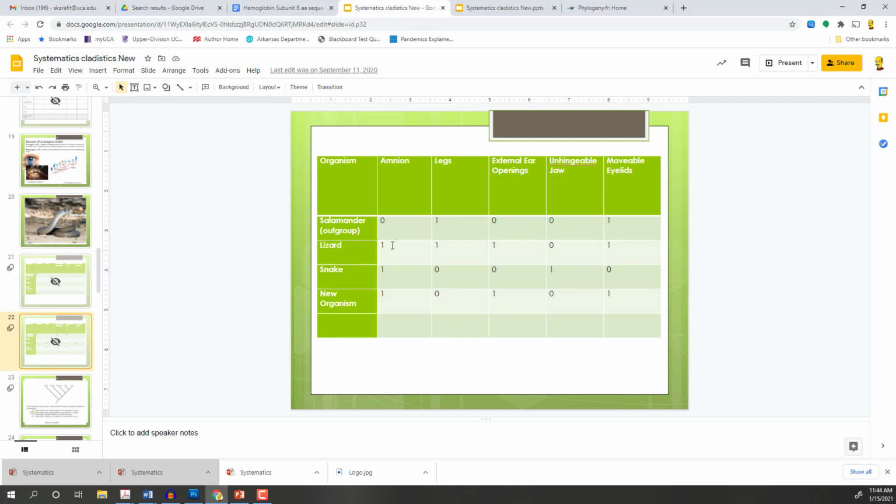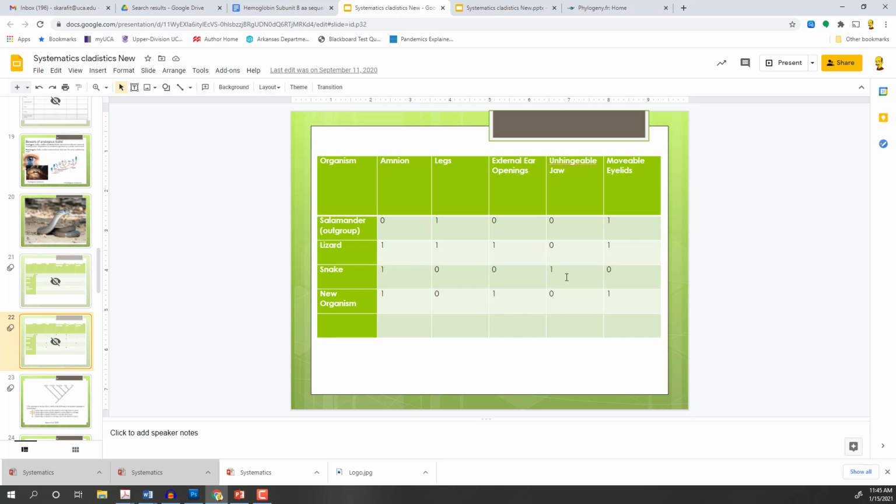Lizards, unlike salamanders, have an amnion. Snakes have an amnion. That's a membrane that lets them lay eggs on land, okay? This new organism has an amnion, so it's probably related to snakes and lizards like you'd expect. It doesn't have legs, just like snakes, so we might think it's a snake. But it has external ear openings, which snakes do not have, but lizards do have.